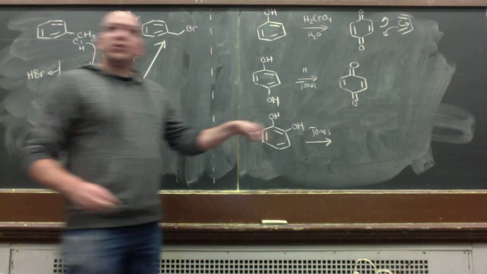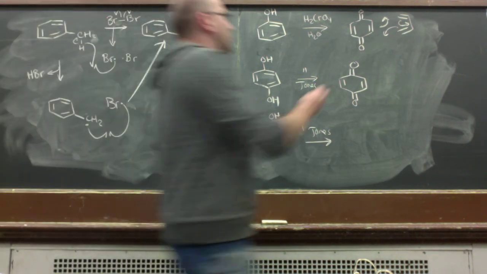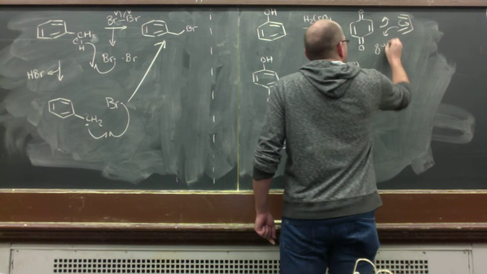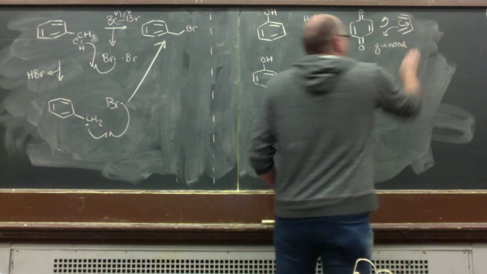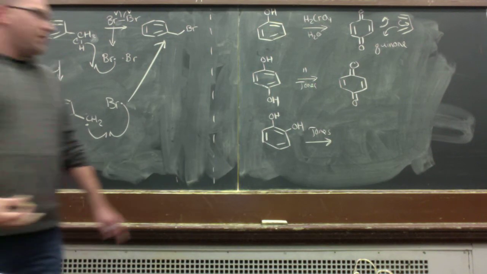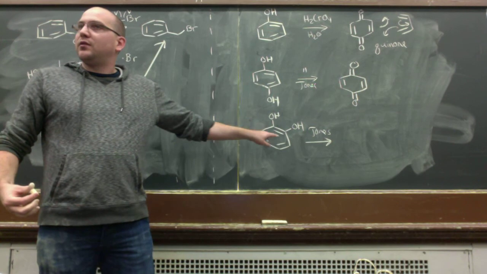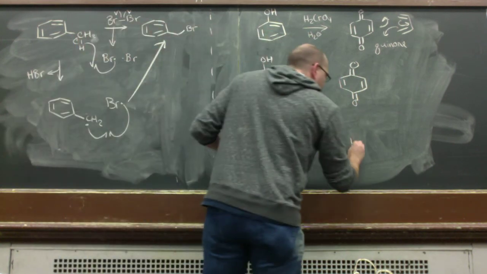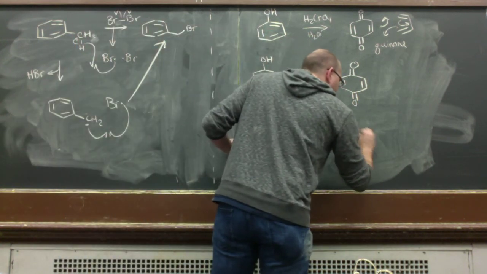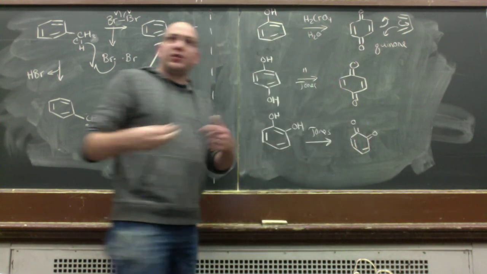If you have the 1,2, though, you actually get to a different type of quinone. So this is called a quinone. And the standard quinone that we think about is this one. If you have the two groups, what's this? Ortho, right? You can also get to, this is also a quinone.